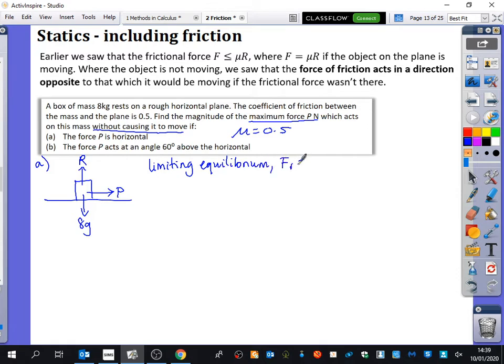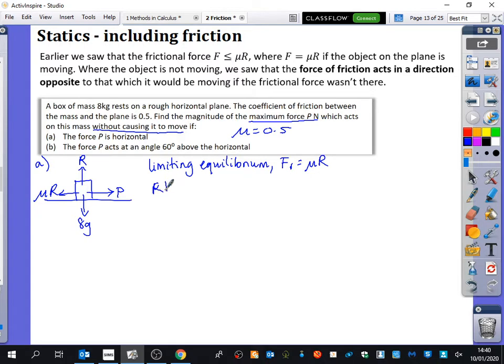And the value of the friction will be equal to μR. It won't be less than μR, it will be μR. So rather than writing friction, I can put μR on the diagram. I'm now just going to go through the way that we always do this. Best thing to find out first is R, then you can find out the left and right bits, because we know that it's in equilibrium, it's not moving.